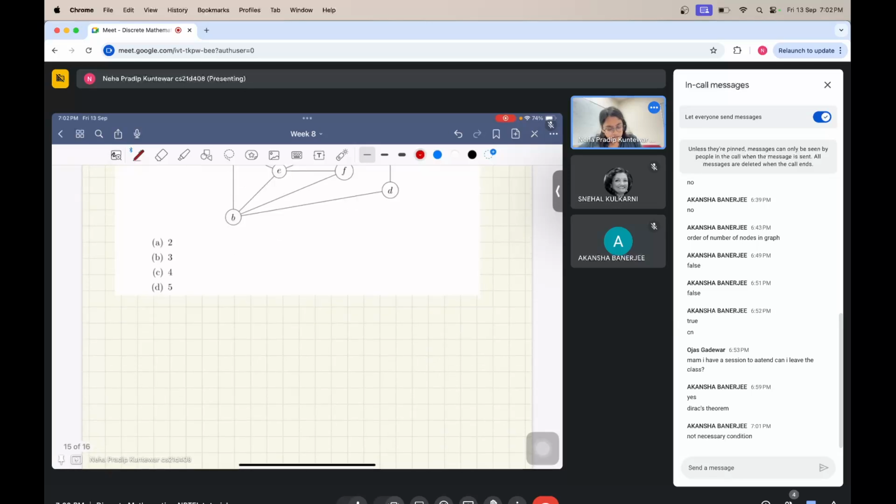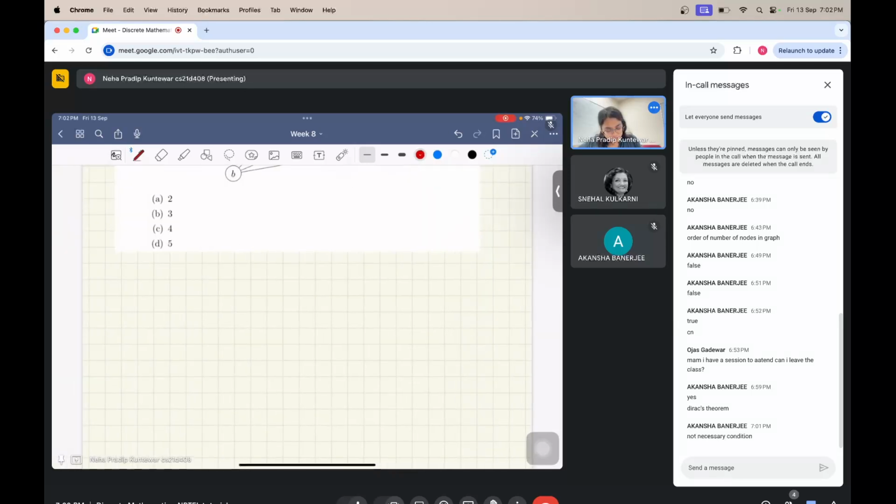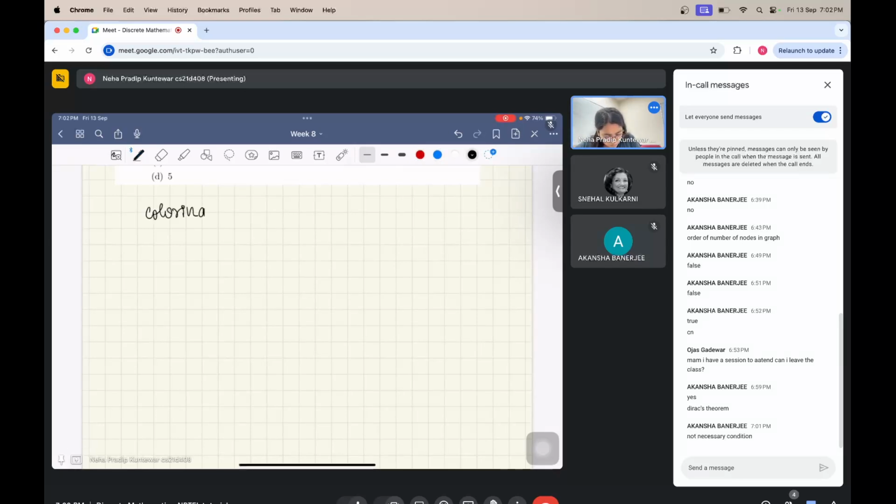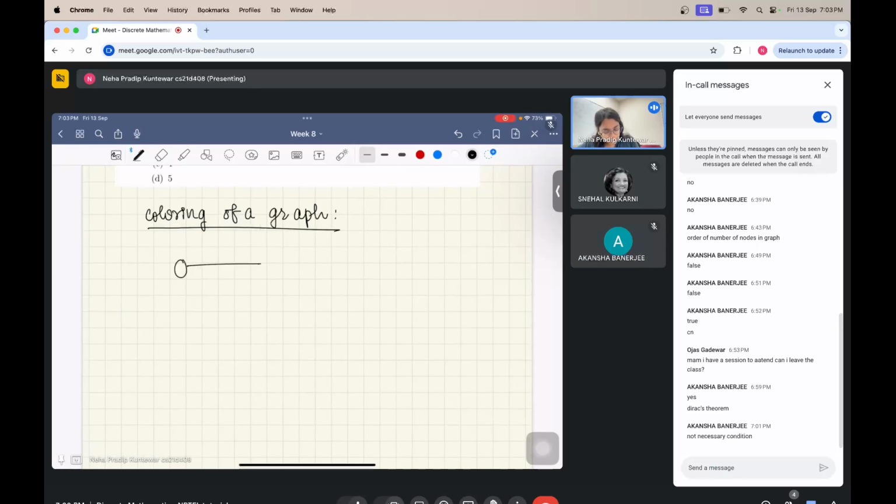It's just that you are going to color the vertices of a graph. So for example, I have this graph, and I'll color this vertex with yellow, let's say.